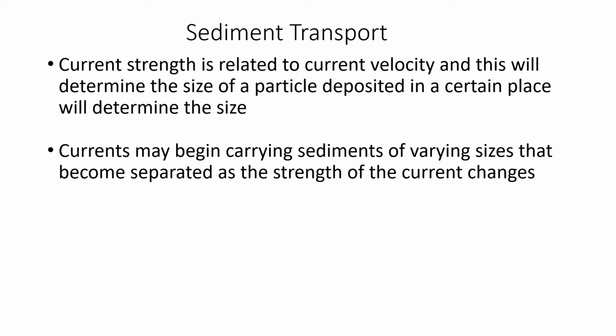Just makes sense. The stronger the current, the larger the particle that it can move. So currents might start out carrying all different sizes of sediments, but as the strength changes over time, these particles will be dropped out successively. The larger ones, then the smaller ones, until we get to the very tiniest of particles.